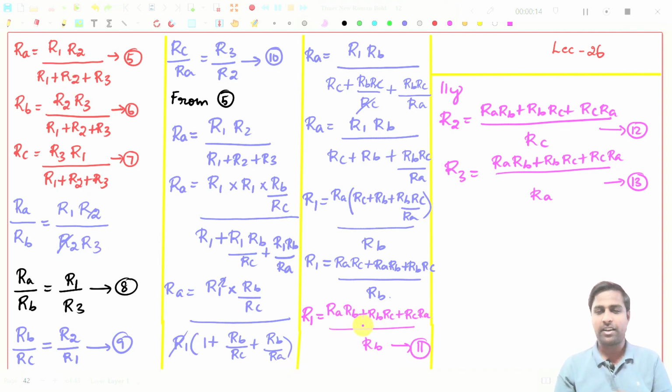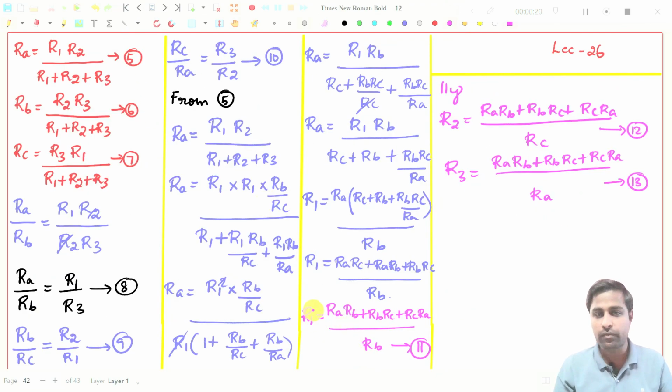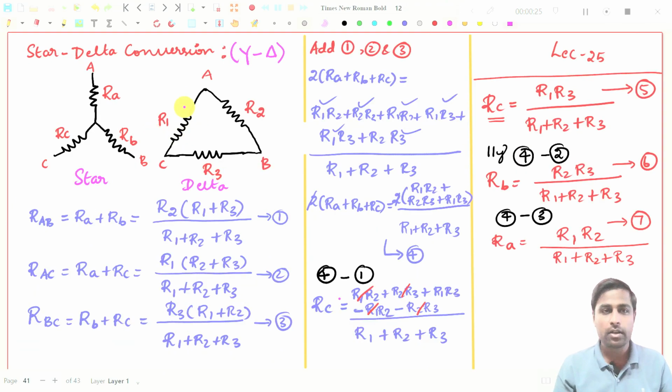In the denominator, how will you know the denominator? You come here, I will explain this term. What is the thing you need to find? You need to find R1, right? If you want to find R1, which is connected between point A and point C, which is the opposite resistor here?